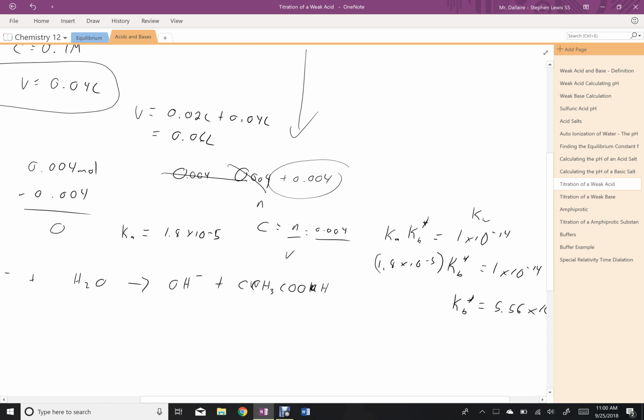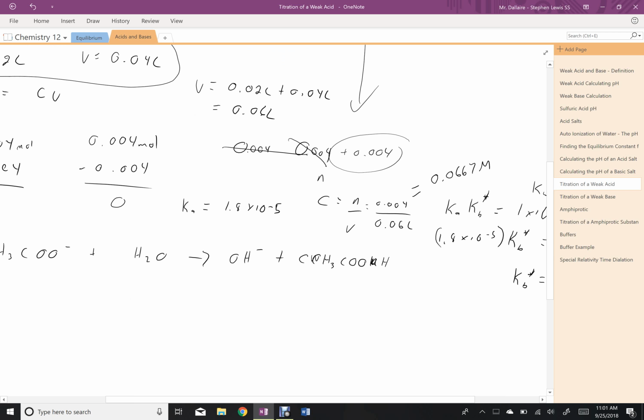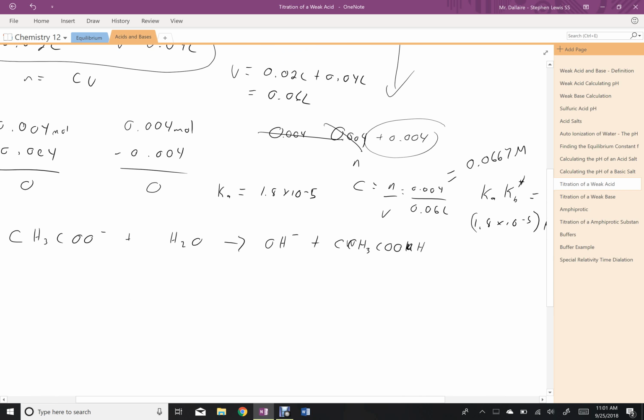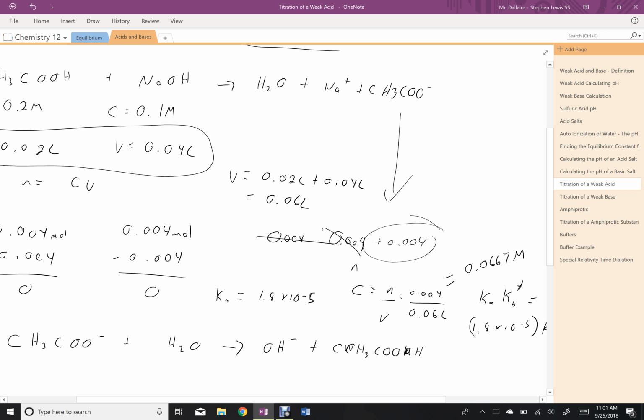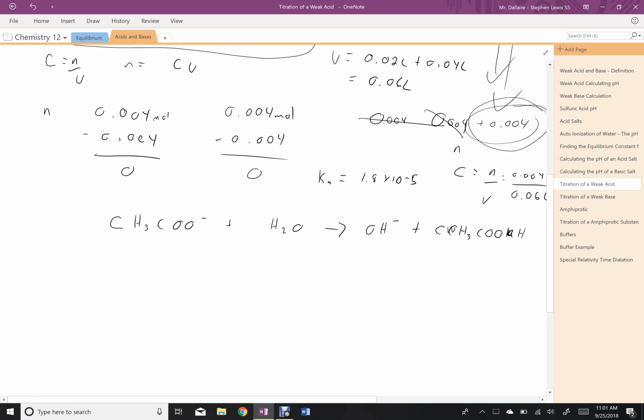So with all that in hand, I can get a concentration of 0.0667 molarity. So that's my initial concentration of my acetate ion.